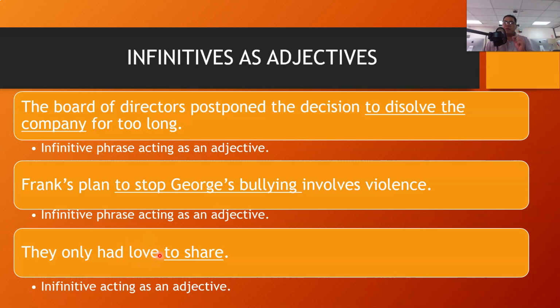But it is very important that you remember that it's not position that defines the role of the infinitive, but the fact that these infinitives are saying something about the nouns that precede them. Those are infinitives as adjectives.